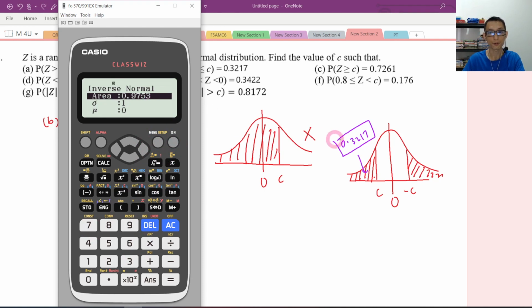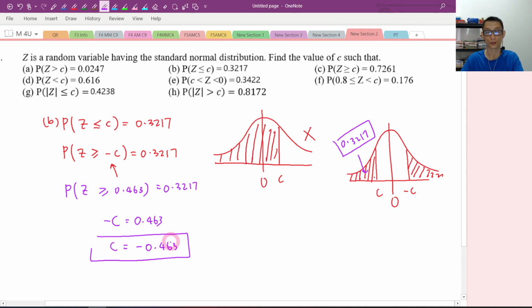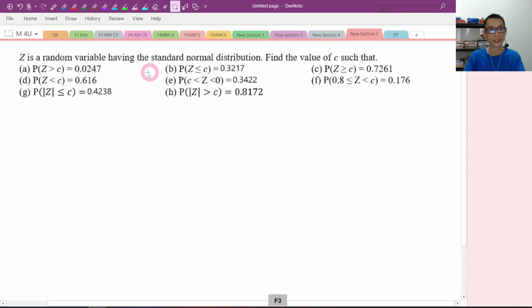So the area will be 0.3217, and make sure that this is standard normal distribution, right? So the standard deviation is equal to 1 and the mean is equal to 0. Then press equal. Okay, is that correct? Negative 0.463. Yes, this is the correct answer. Now let me go to part C.